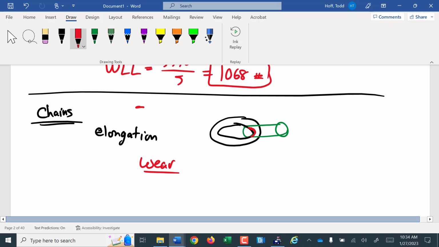A chain that just holds steady doesn't wear very fast, but the more it moves, the more those joints move past each other and cause wear, and material will erode from there. As that material erodes, this link is going to move over because it's fitting in further down the line. So as that material wears, the chain itself will get longer, and that's the elongation.